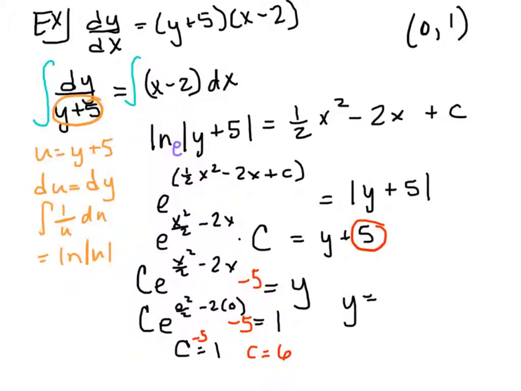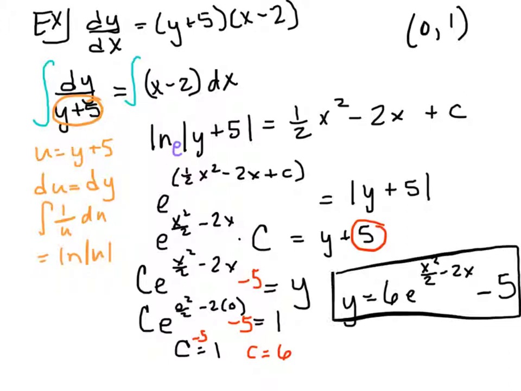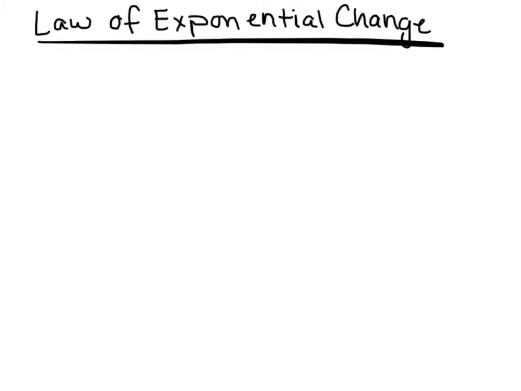I apologize for that. That's what happens when I'm doing this late at night. So what you're going to do now is we have 6 e to the x squared over 2 minus 2x minus a whole 5 as our particular solution.